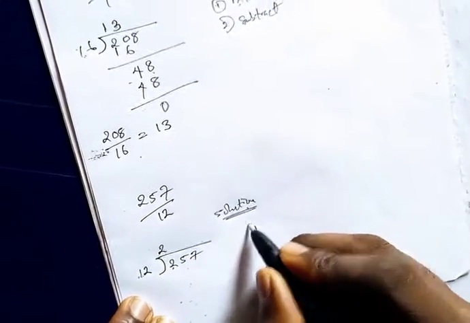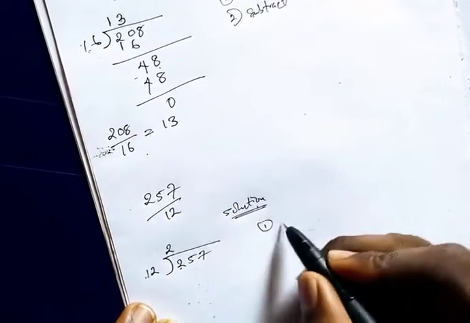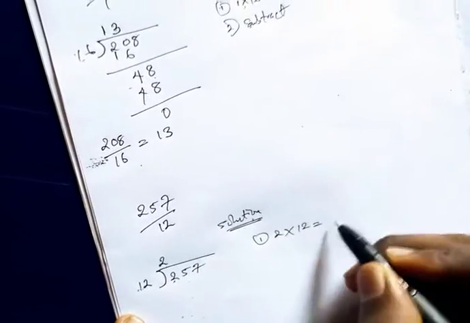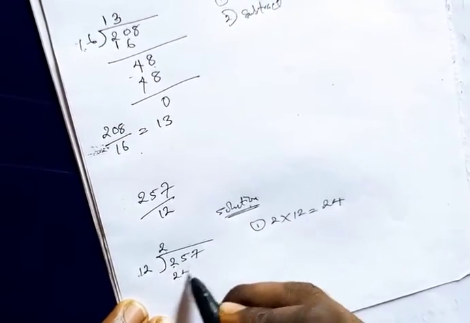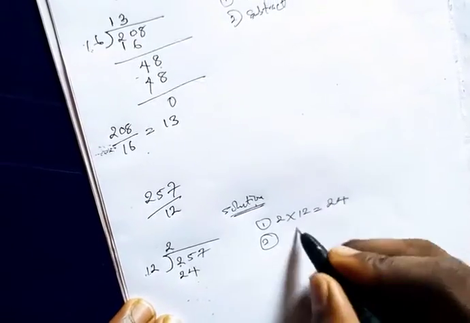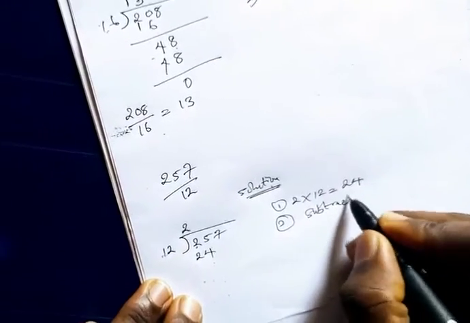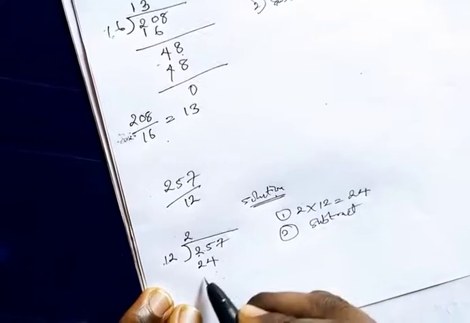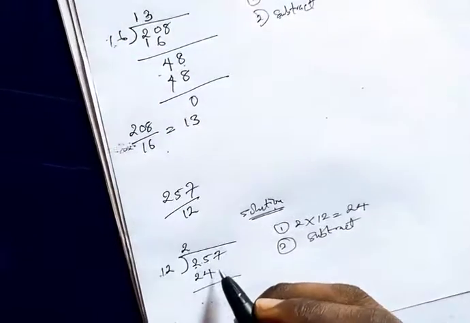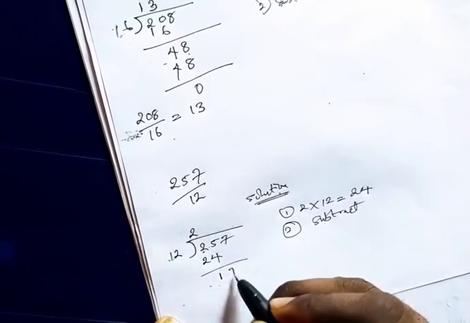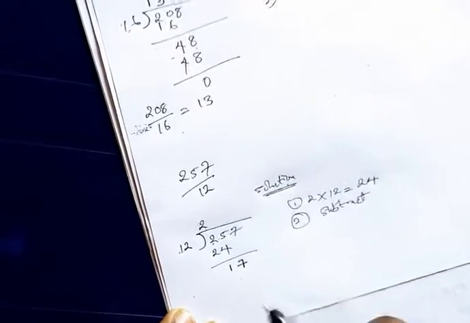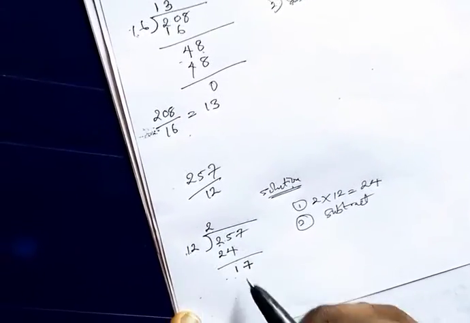So first step here, 2 times 12 is equal to 24. And now we bring our 24 here and we subtract. 25 minus 24 will give us 1. Then we bring our 7 down. Now we continue. Can 12 go in 1?